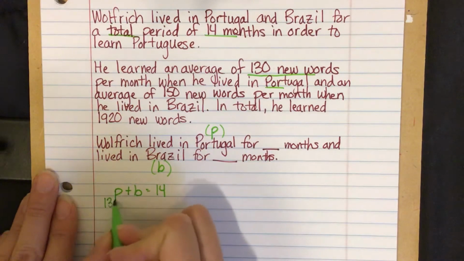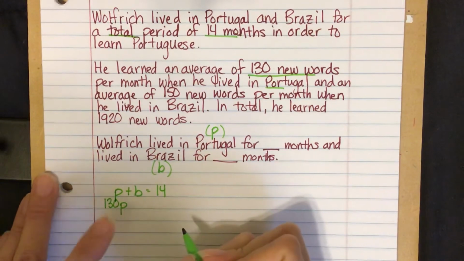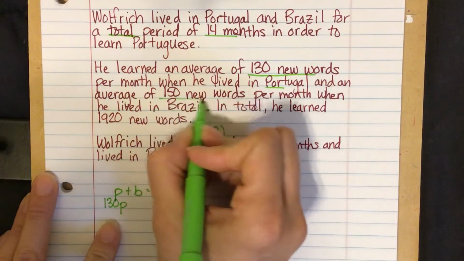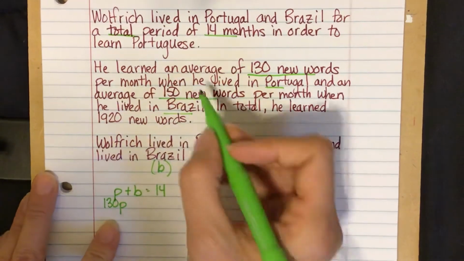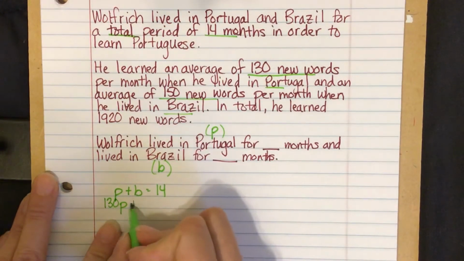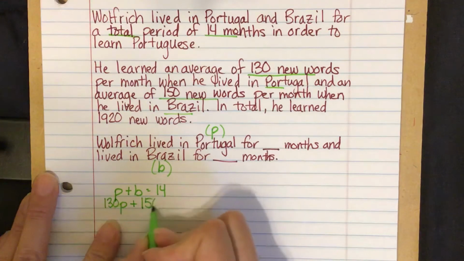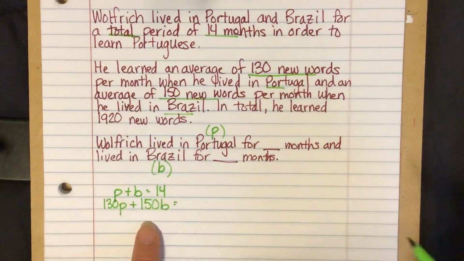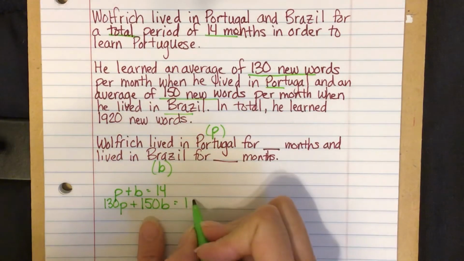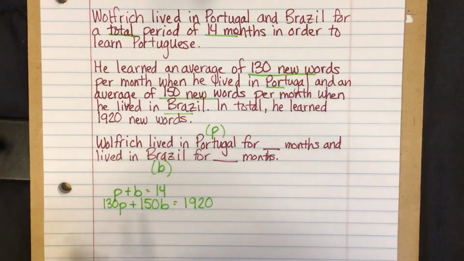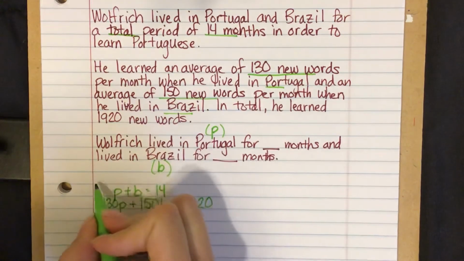This is going to be 130 times P. Now he learned an average of 150 new words in Brazil, so we're going to multiply 150 times the number of months he was in Brazil, which we would say is B. Then altogether, these two places combined, he learns 1,920 new words.